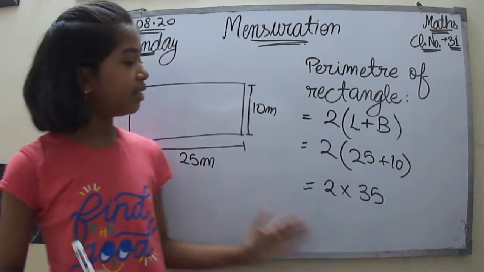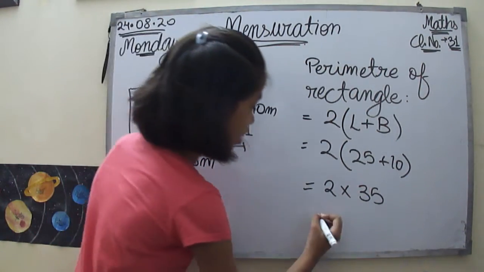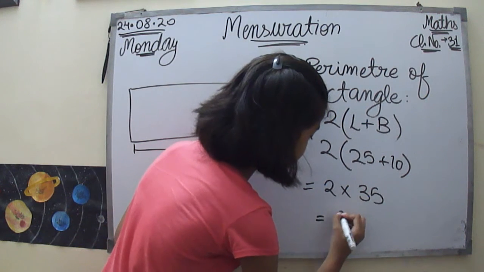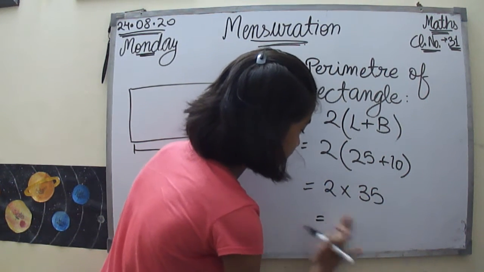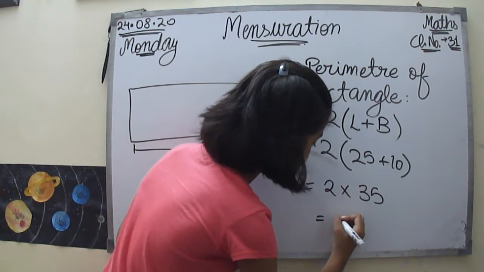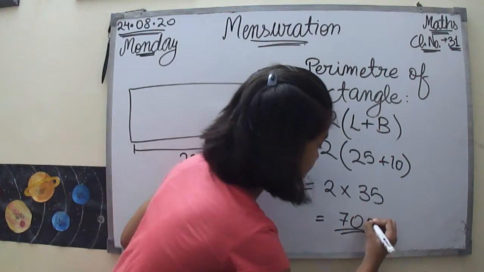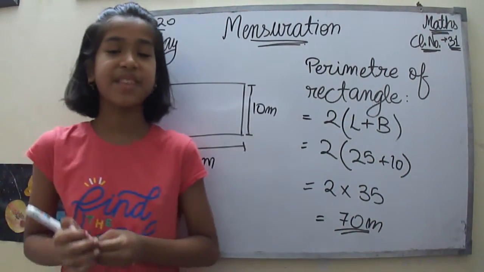Then simply we can just multiply this. So what do we get? Here we get 70 meters.